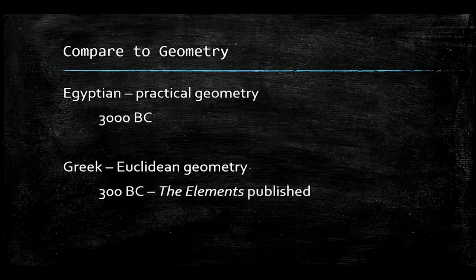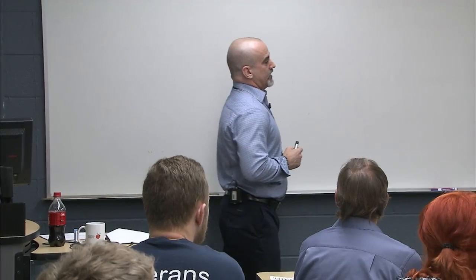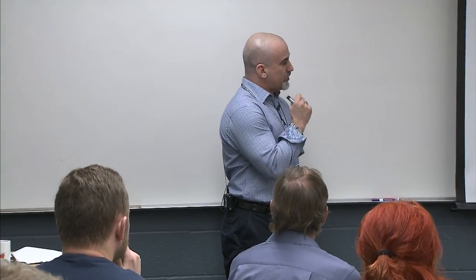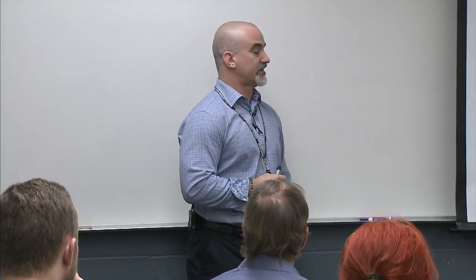And you may have heard of this book. Hopefully you have. Even that, 300 BC, The Elements was published, and it's considered the most influential textbook ever written. According to Carl Boyer, there's only one book that has more editions published than The Elements.